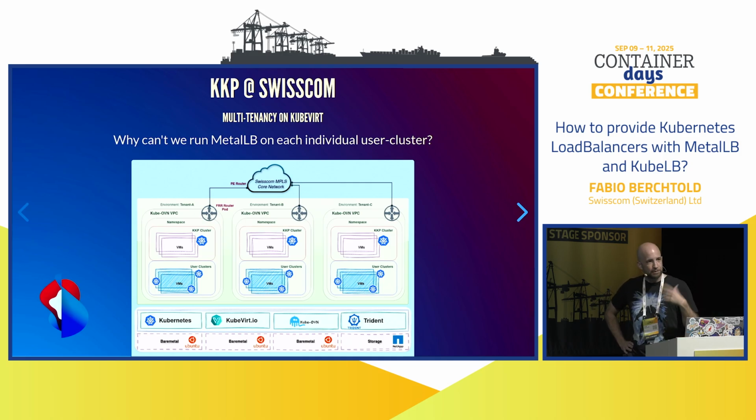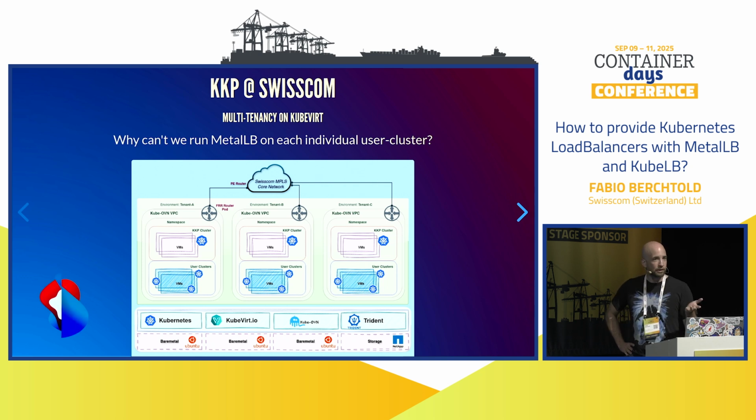And in that namespace, we create VMs again, and in those VMs, we create Kubernetes, and we install the product KKP from Kubermatic, if you know it. It's just a tool to manage and provision Kubernetes clusters for users.